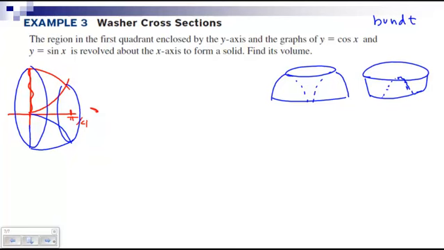Now, next step. Can we draw a typical cross section? So here's a typical cross section. It looks like a washer.